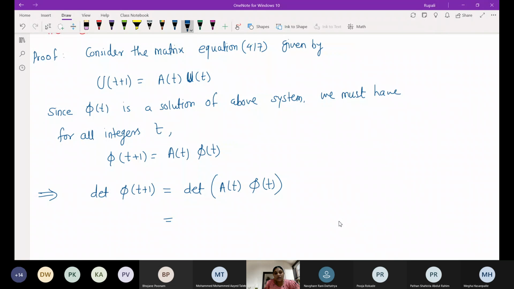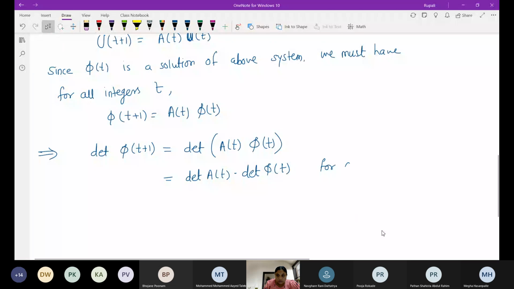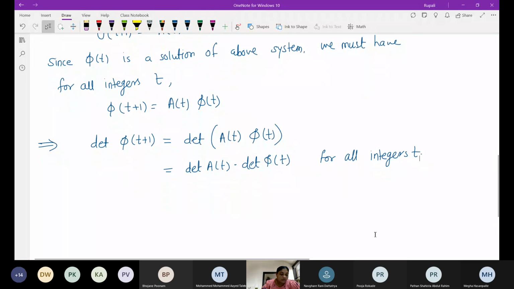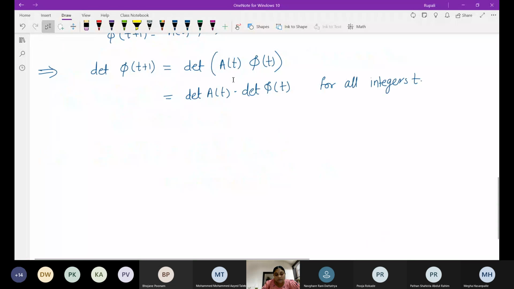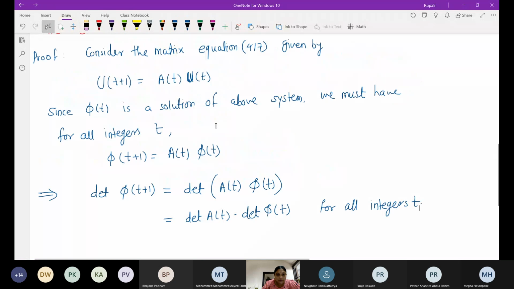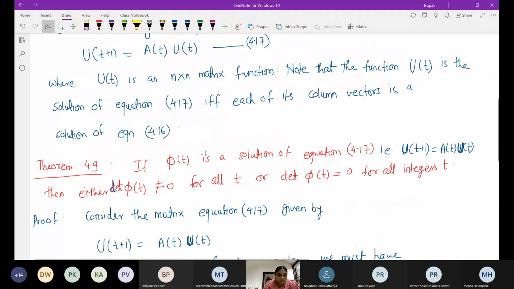By the properties of determinant, the determinant of a product is the product of determinants, so this equals determinant of A of t times determinant of Phi of t, for all integers t. And the determinant of A of t is non-zero by our definition, as you can see in 4.17.